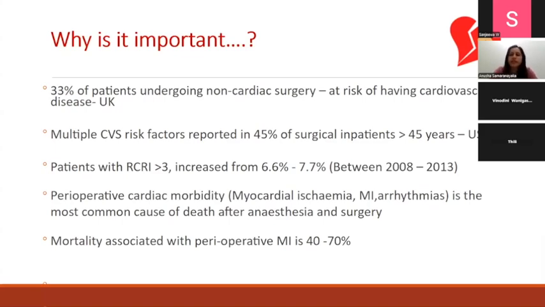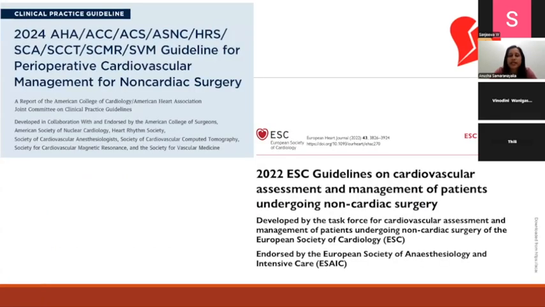So from the very beginning, I want to highlight these two guidelines. One is the AHA, American Heart Association guidelines on perioperative cardiovascular management for non-cardiac surgeries. This was published last month, September 2024. The other one is the ESC guidelines published in 2022, two years ago, on cardiovascular assessment and management of patients undergoing non-cardiac surgeries, which is endorsed by the European Society of Anaesthesiology and Intensive Care as well.